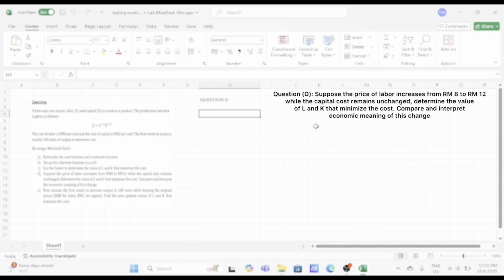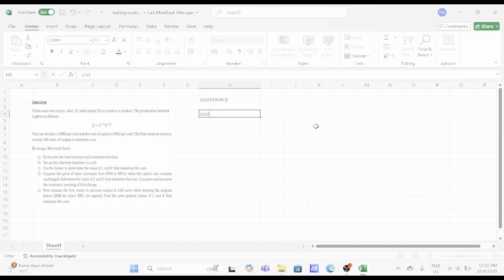First thing first, we need to know the cost function. So the cost function is C equals 12L plus 2K. And then we need to know the constraint function, which is L times K equals 1000.